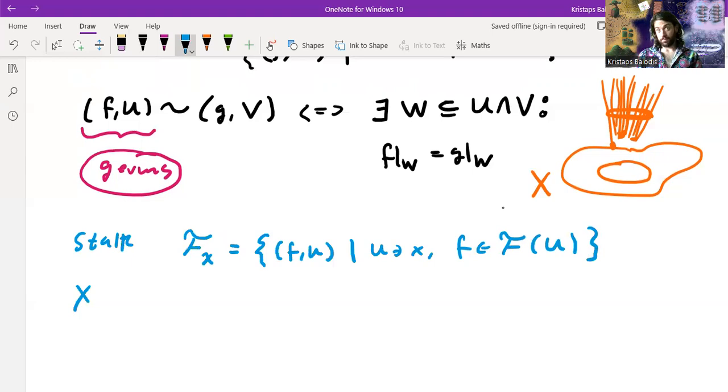Okay, so that was a bunch of information. That's the basic of what a stalk is.